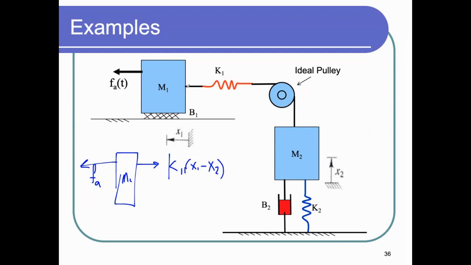Okay, the spring is connected to both, right? x1 minus x2. We also have the b1 x1 dot, because it's not connected to any other. Doctor, didn't M1 move to the left?